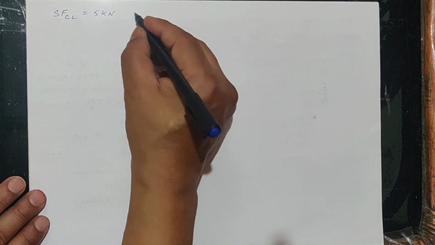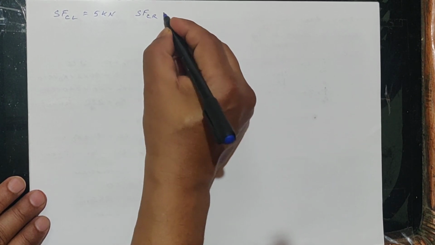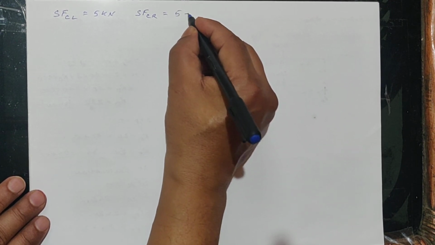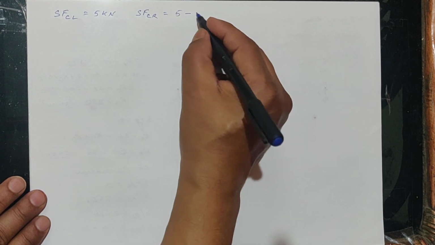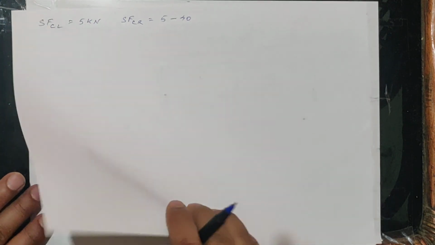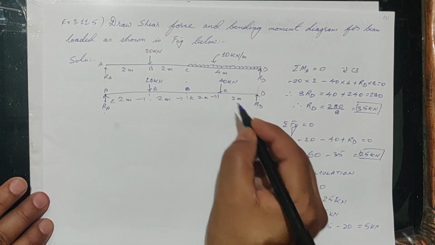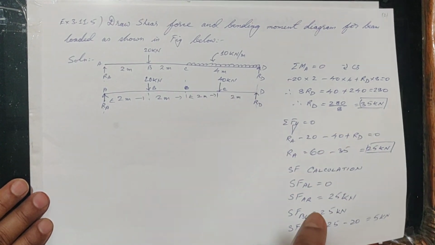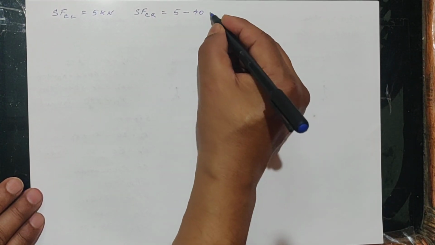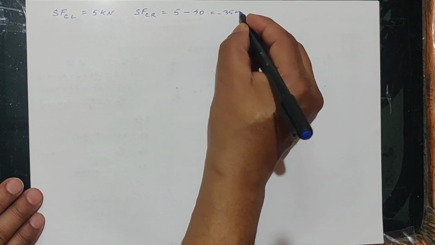Then SF at C, right hand side. Right hand side, what we have is 5 minus 40. We will take this point as C, not this point as C. So that is equal to minus 35 kilonewton.